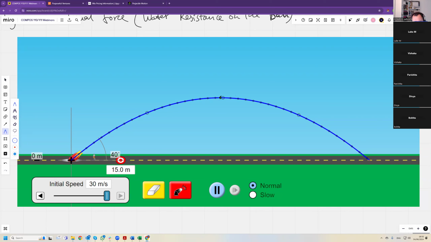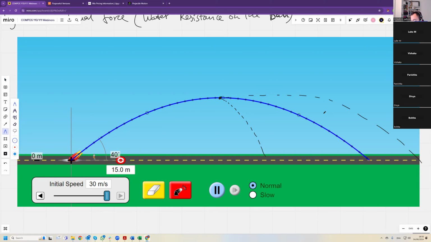But at the top position, the projectile breaks down into, let's say, 2 pieces. And let's say one travels like this, and the other one travels like this.